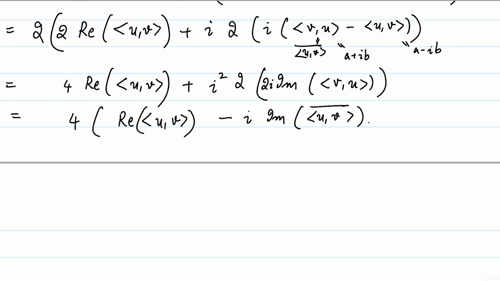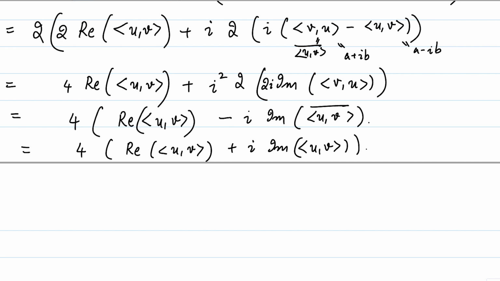But when you look at the imaginary part of z and the imaginary part of z bar, what do you have? The imaginary part of z bar is the minus of the imaginary part of z. So this is just going to be equal to 4 times the real part of the inner product of u comma v plus i times the imaginary part of u comma v. But that is the real part of z plus i times the imaginary part of z, which is actually equal to 4 times the inner product of u comma v, which is what we had set out to prove.